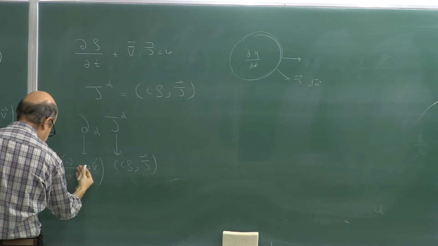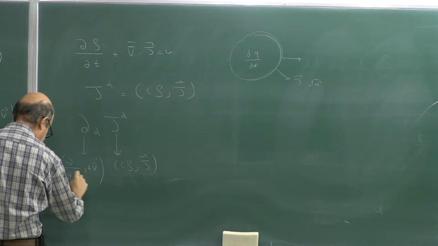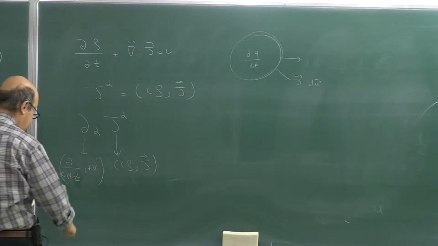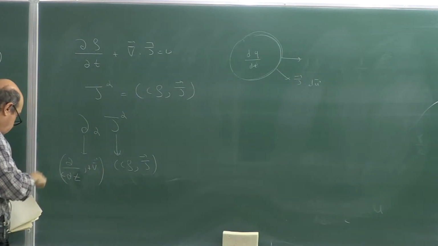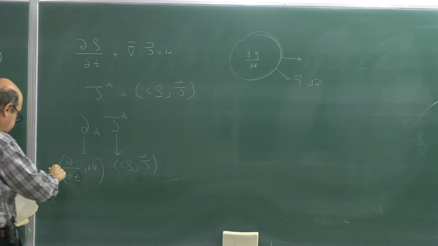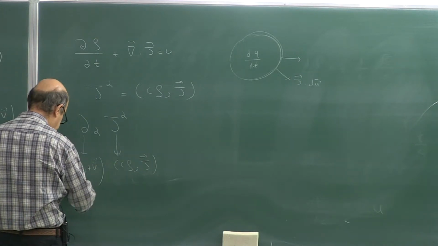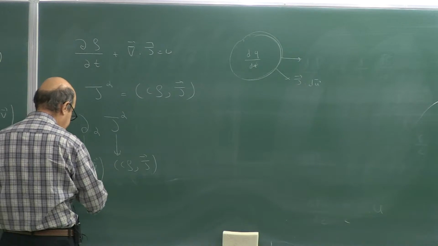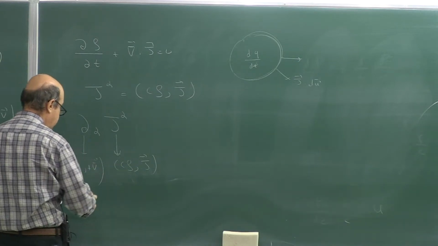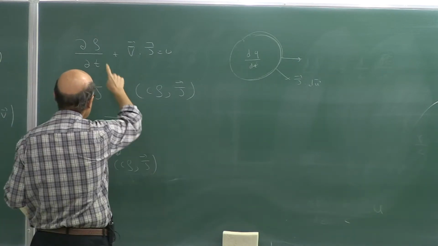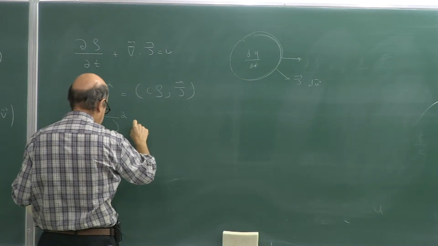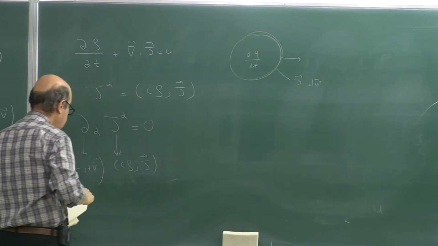So x0 is ct, and if you take this divergence, what are you going to obtain? Del rho over del t, the c's will be cancelled, plus divergence of j, and that is nothing but the continuity equation, and that is equal to 0.